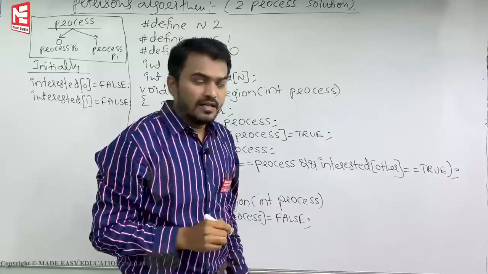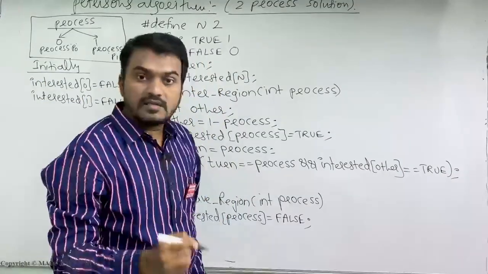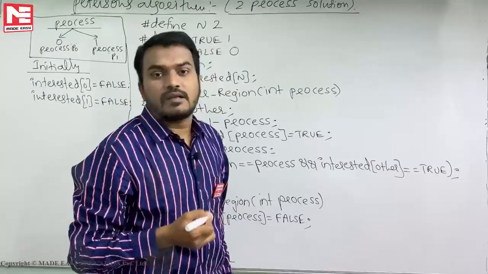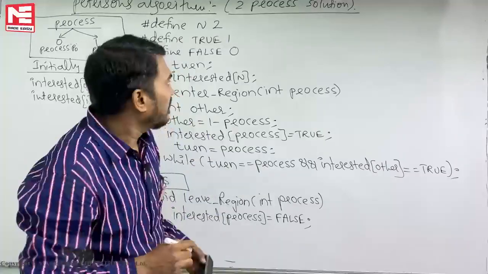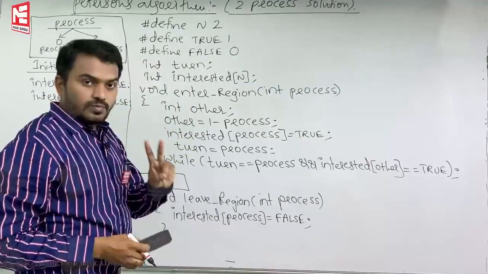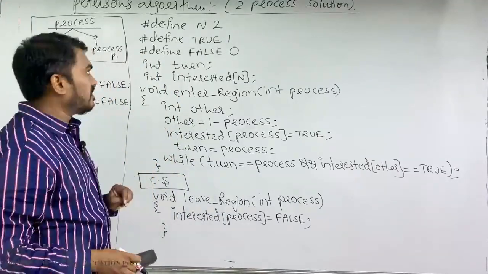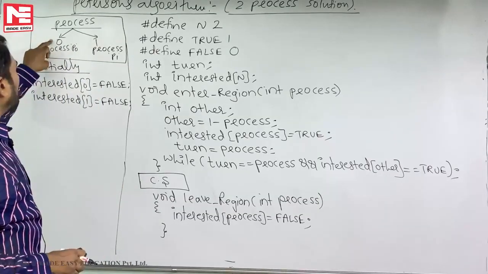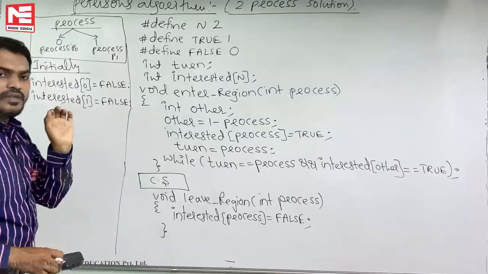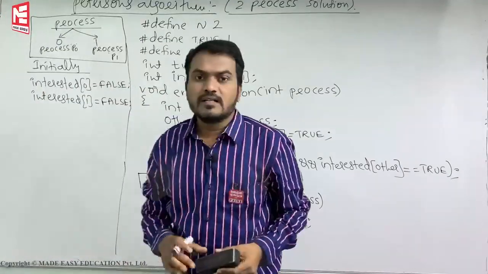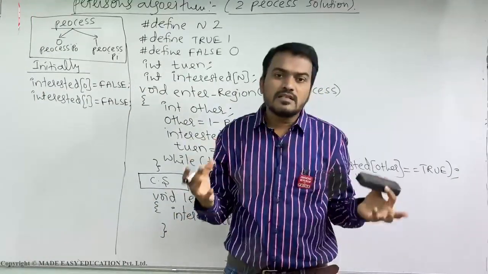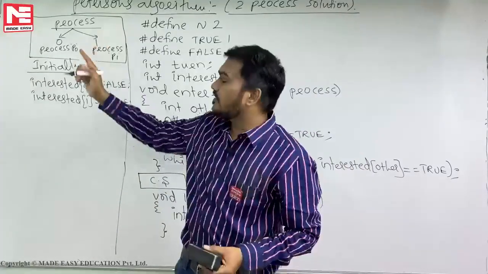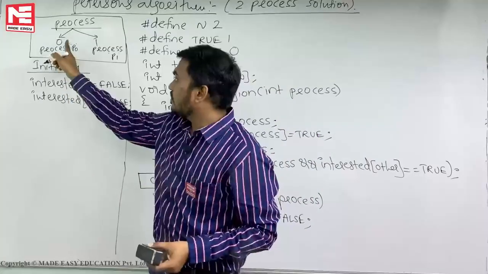Listen to everything carefully, this is very interesting and also important. There are so many questions based only on this algorithm. In this algorithm we are using an integer variable called process, and it will take two values, either 0 or 1.